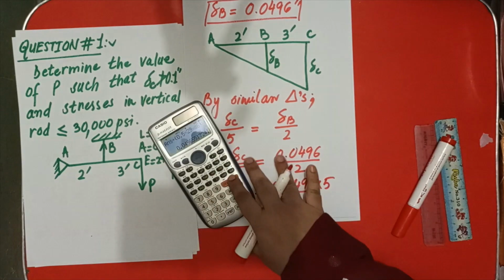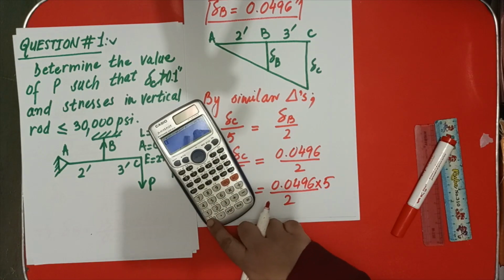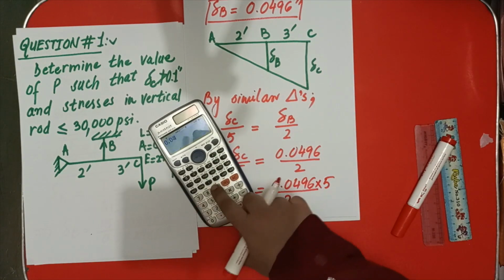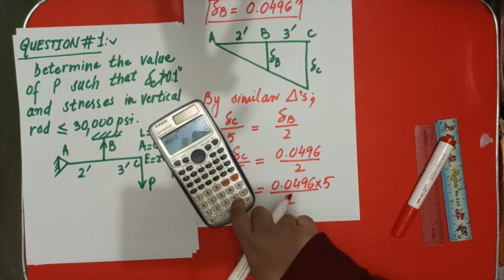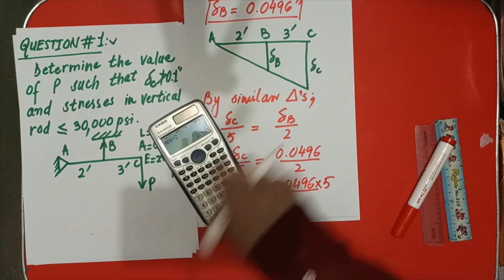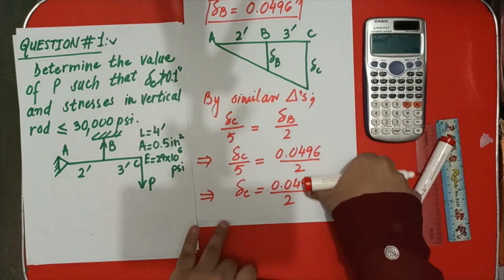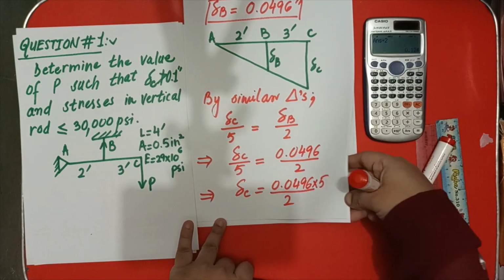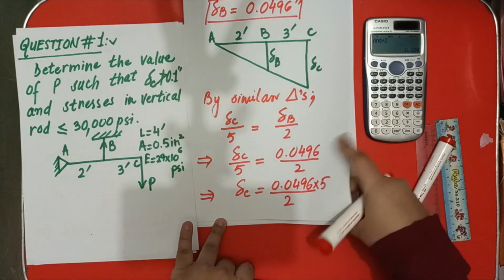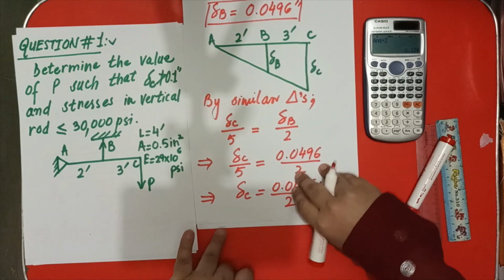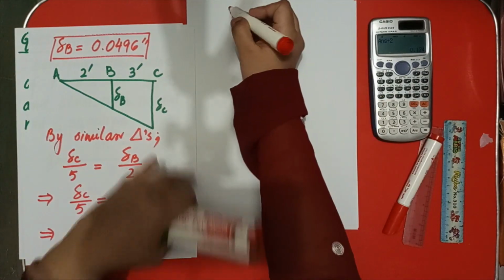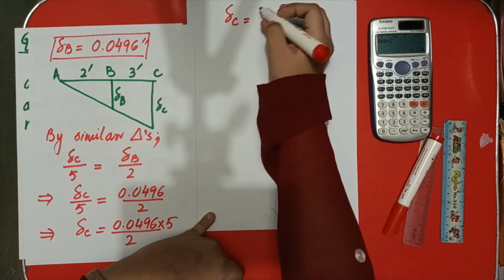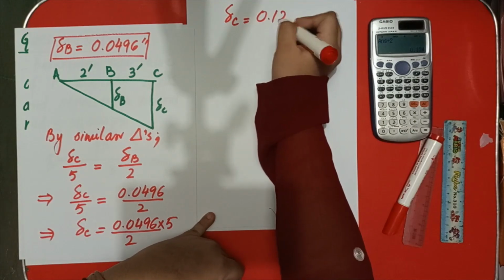So let me see what the value of ΔC comes out to be. 0.0496 multiplied by 5 divided by 2 is 0.124. So ΔC is equal to 0.124 inches.